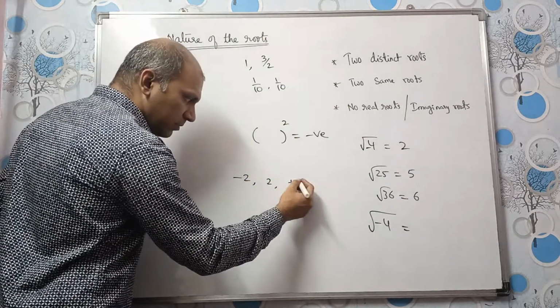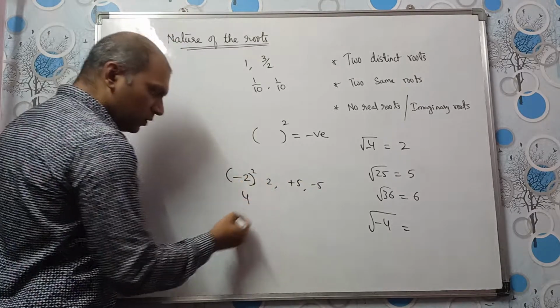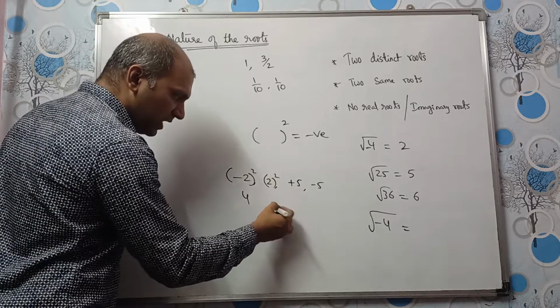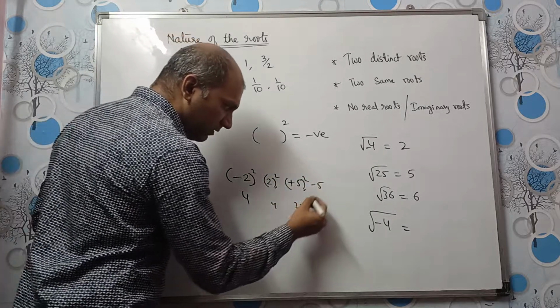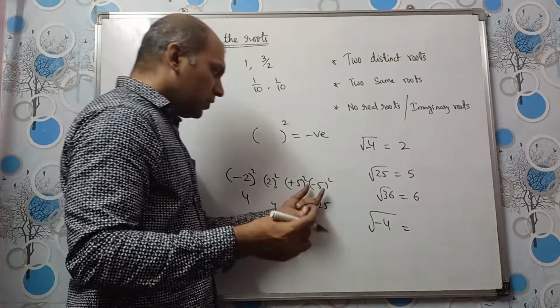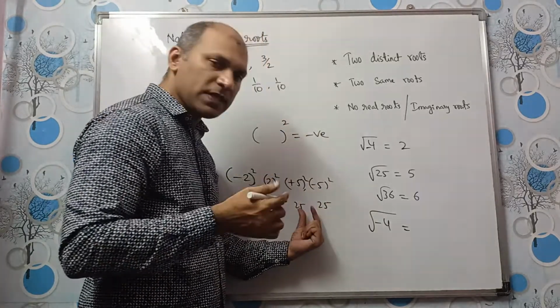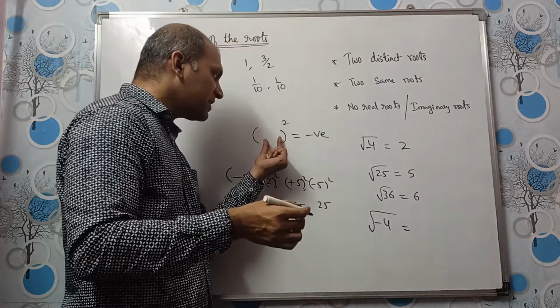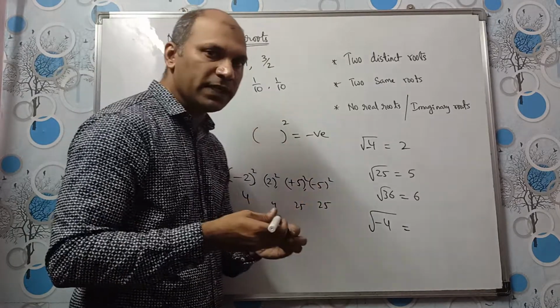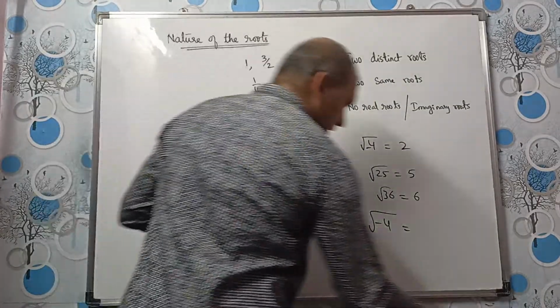Take plus 5. Take minus 5. If you square that, you will have a plus value. If you square, you will have 25. If you square a real number, the answer will be plus only. But if you square an imaginary number, the answer will be negative.